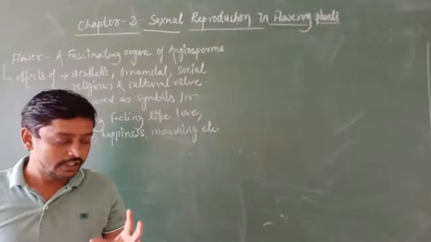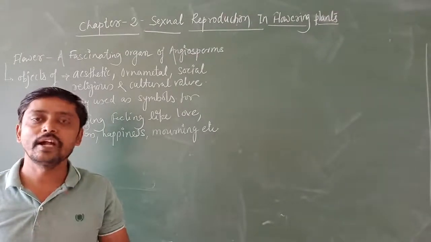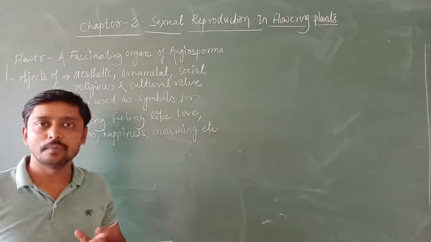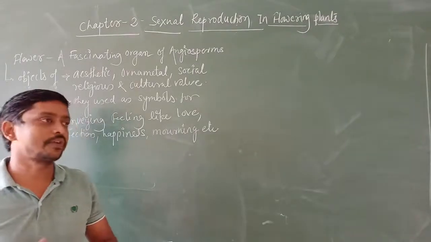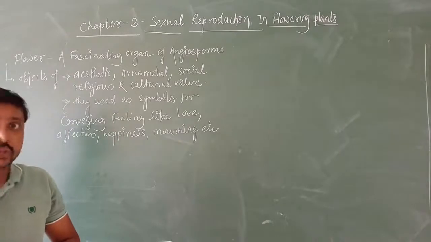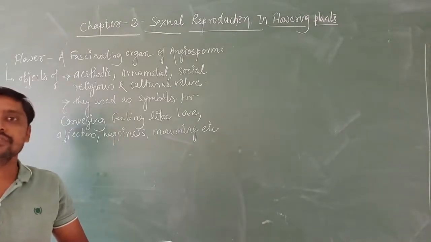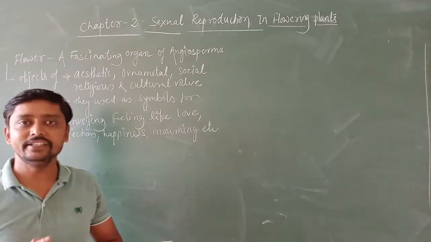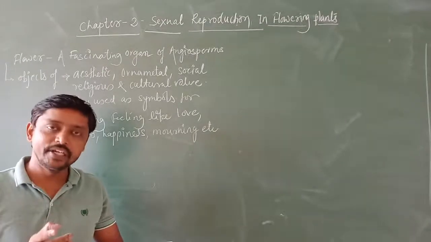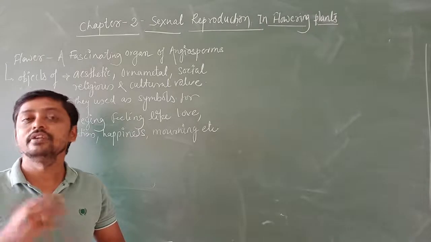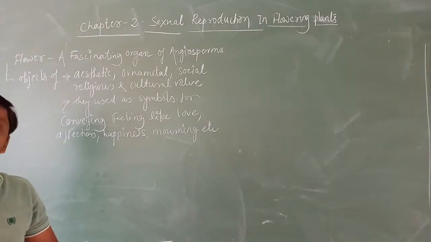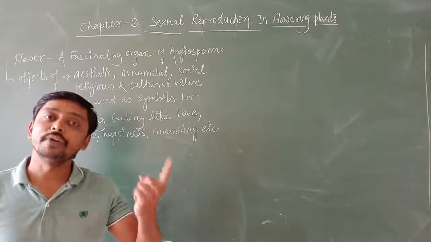the reproduction. We discussed two kinds of reproduction in detail: one is asexual reproduction, another one is sexual reproduction. In sexual reproduction, we discussed the involvement of two parents, the formation of gametes, and after that the fusion of male and female gametes to form a zygote.